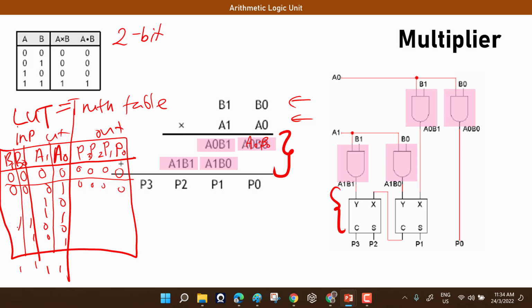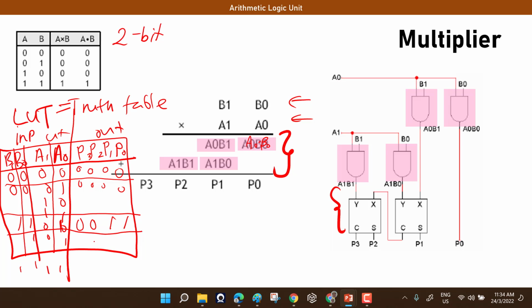Let's say at this level, as an example, B is 11, which means 3, and A is 01, which means 1. So 3 multiplied by 1, what is the result? 3. So here it should be 0, 0, 1, 1.